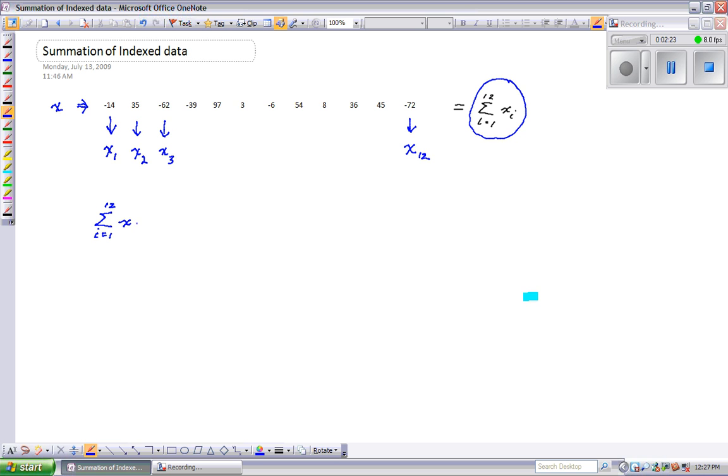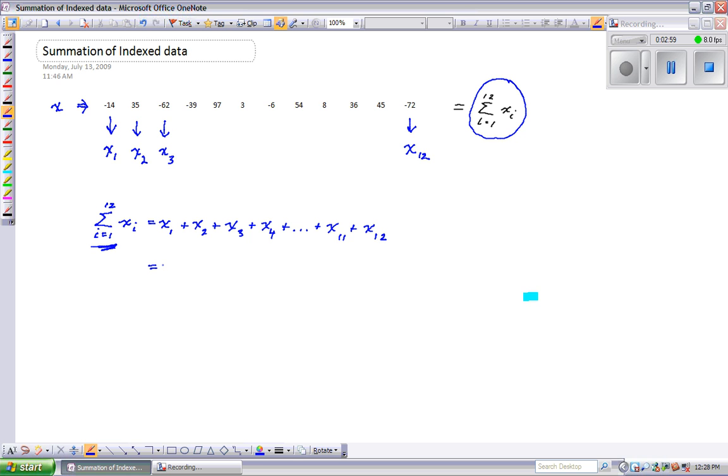Basically, we're going to add up all the x sub i's, but the i is going to go between 1 and 12. So this means x sub 1 plus x sub 2 plus x sub 3 plus x sub 4, and so on, plus x sub 11 plus x sub 12.